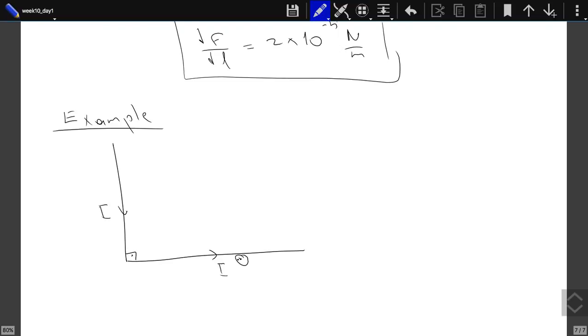You see, dl is pointing in that direction. B is in this direction. So dl cross B is downward. This is the direction of the force acting on the lower part of the wire.